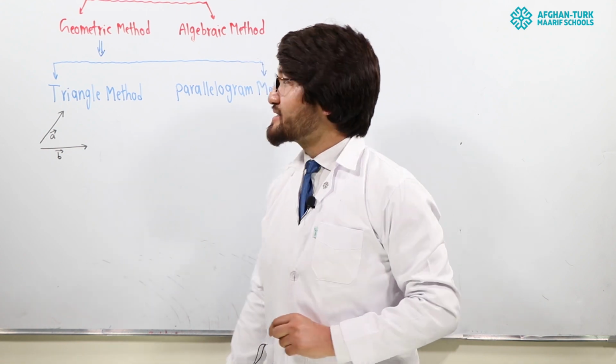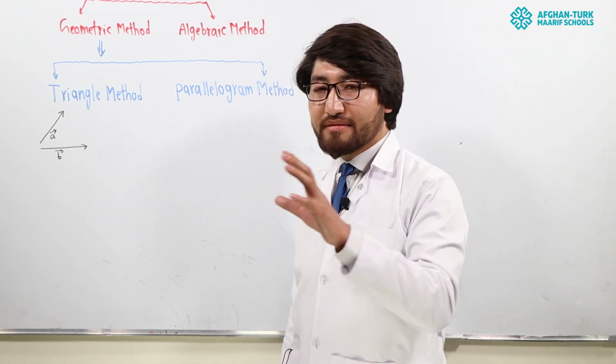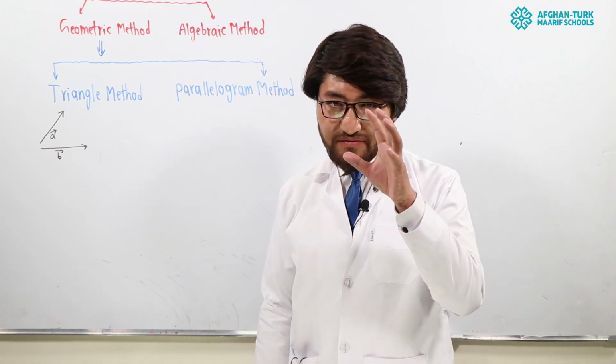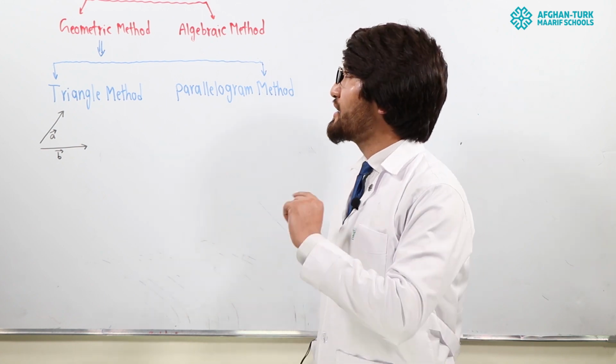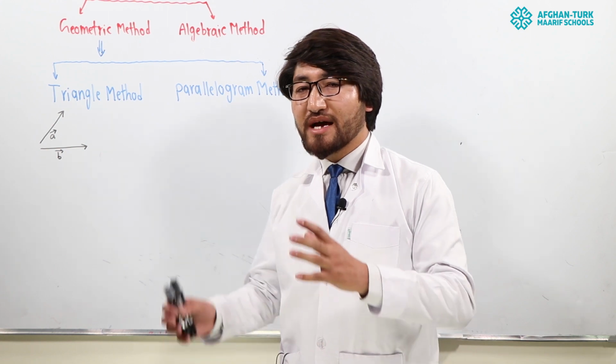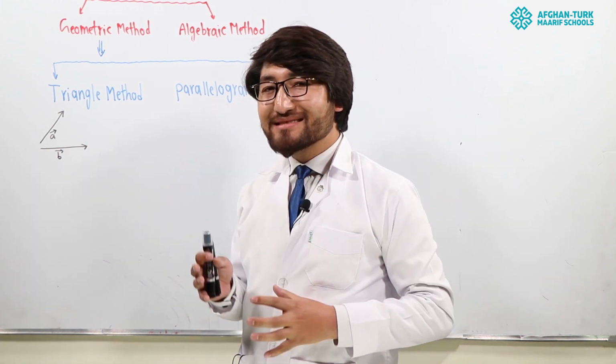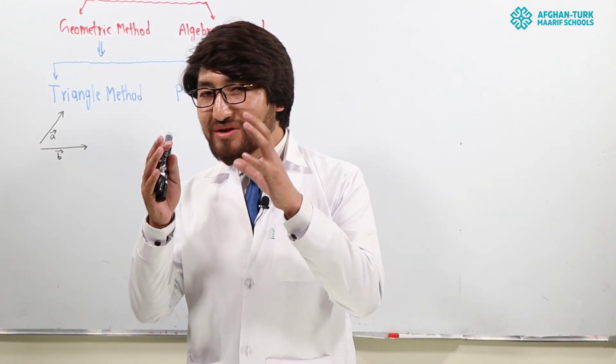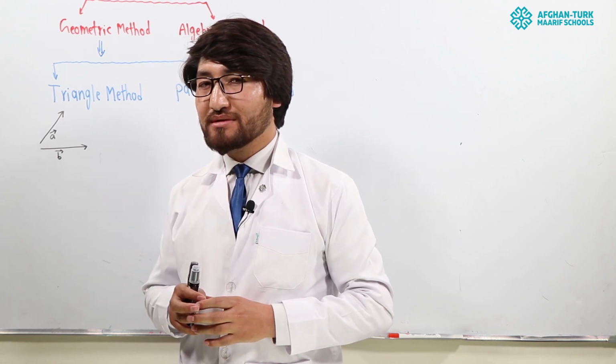Okay, my students, I told you before about types of vector. Now I want to teach you the resultant of vectors. It means how we add or how we sum two vectors.